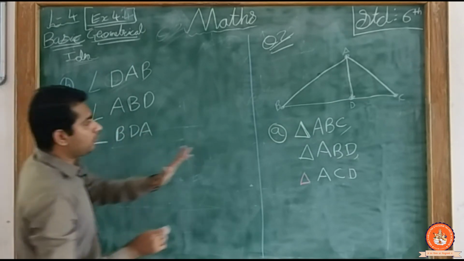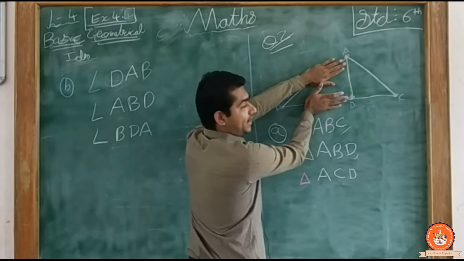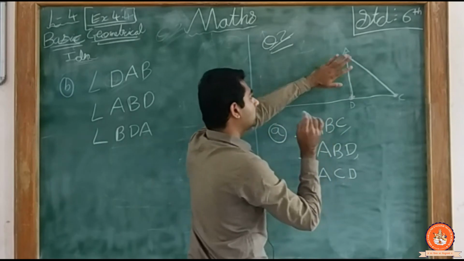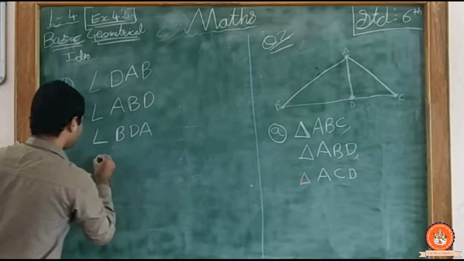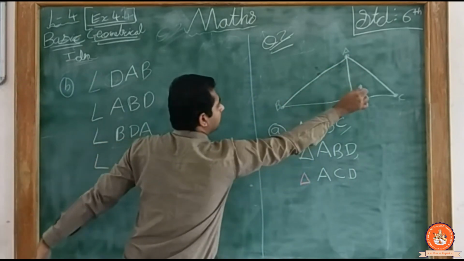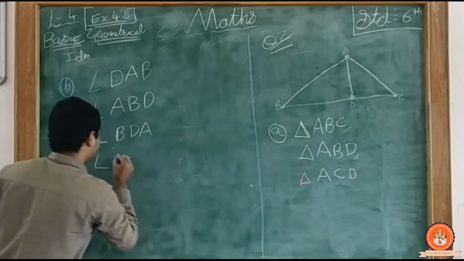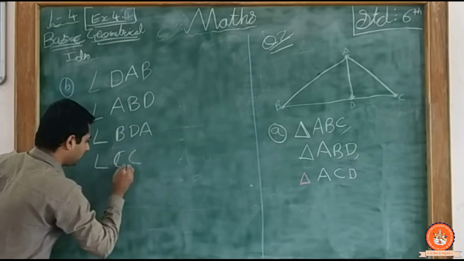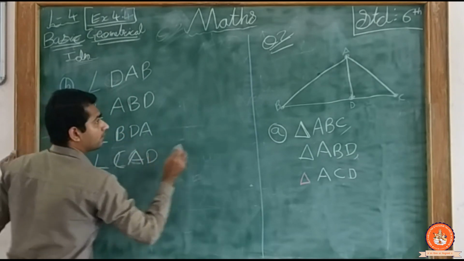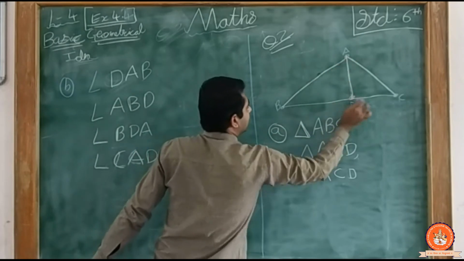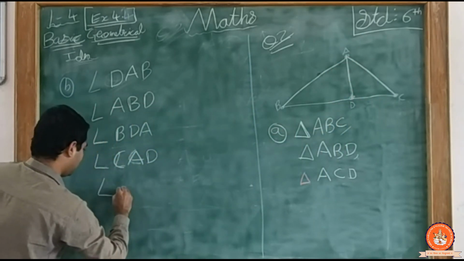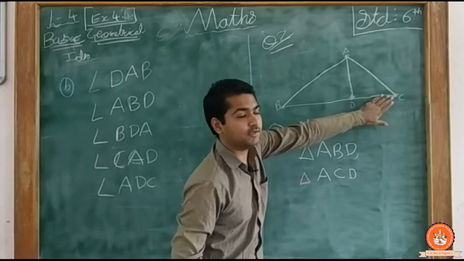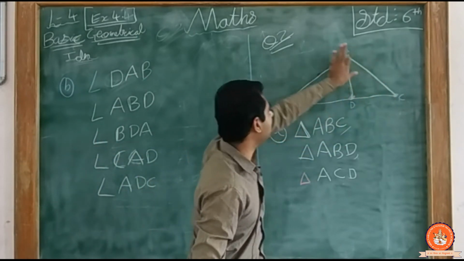Clear? Now hide this side. Okay. Now you have these 3 sides A, D, and C. So for this you have to write angle CAD. Now for D, angle ADC. Then for C, we can say DCA.